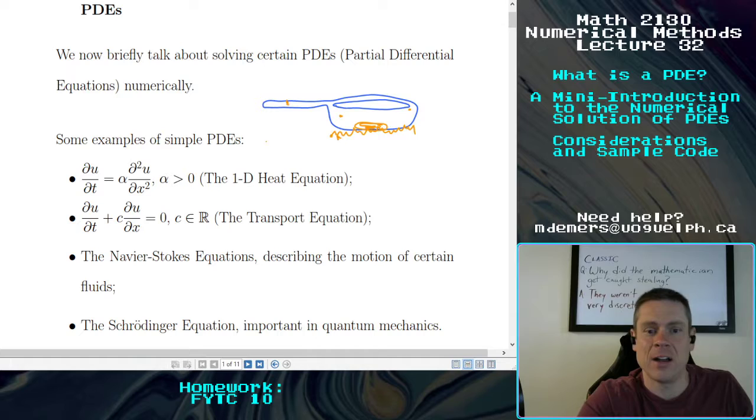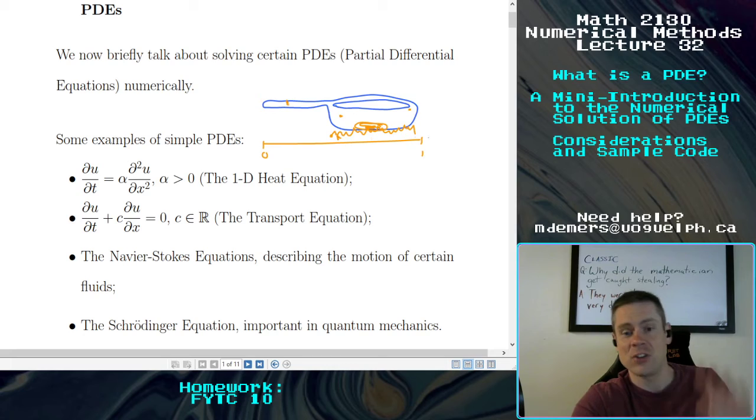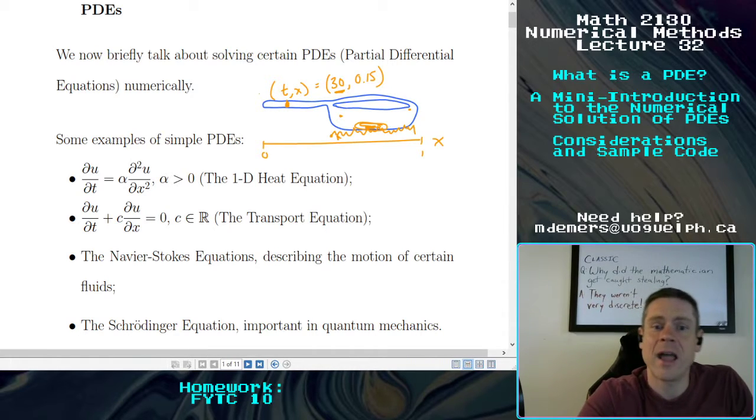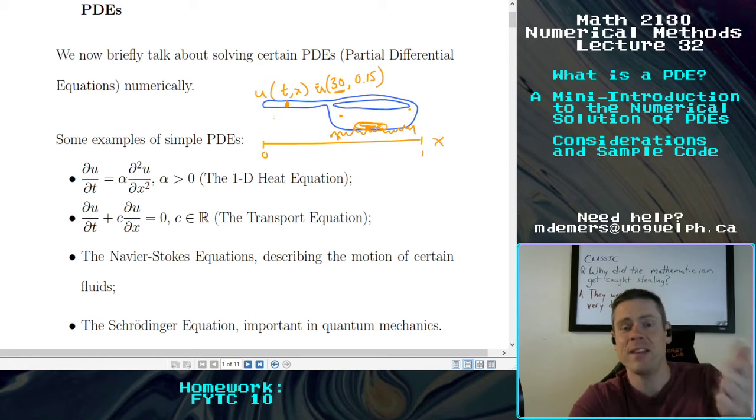So if this is on a scale between, say, 0 and 1, in terms of the x, the space, then I could talk about this point as being t, x equals, let's say 30 and about 0.15. So what this says is that at location 0.15, at time 30 seconds, I can have a u of that describes the temperature at that point in time, at that point in space.